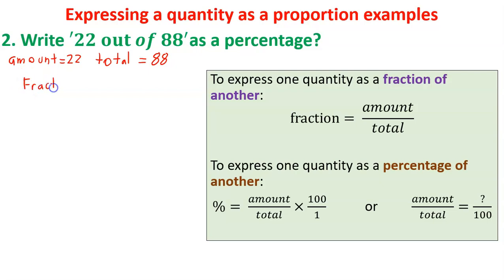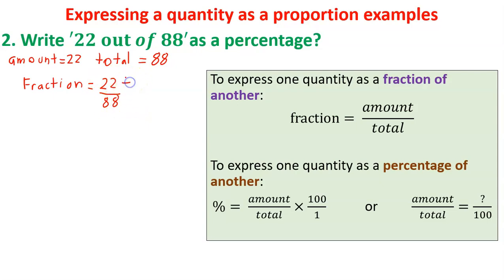So our fraction, again, we're just using what we have over here. We have our amount of 22 over our total, which is 88. Now we can use our calculator to simplify this.